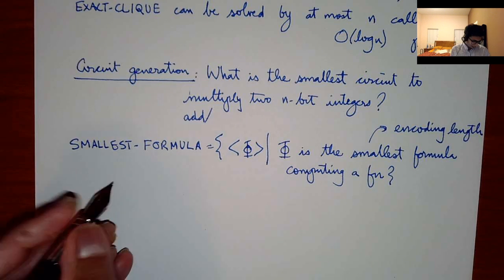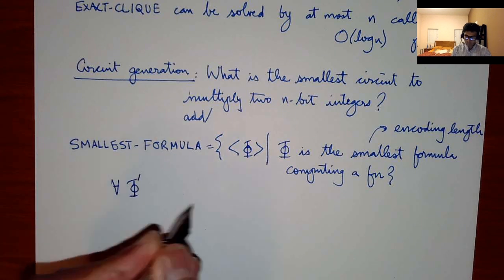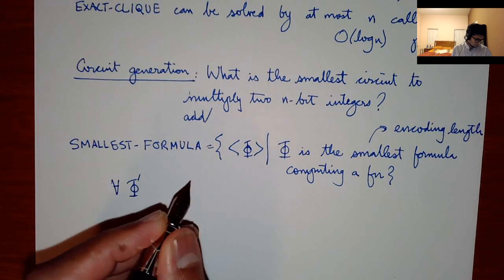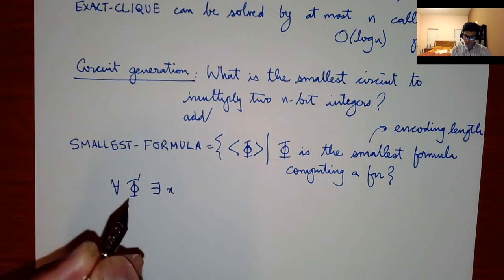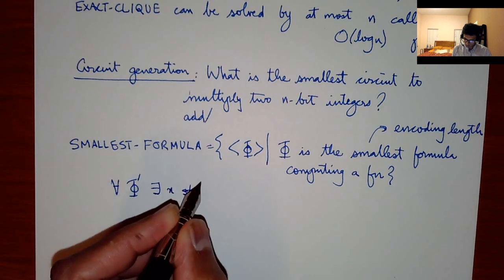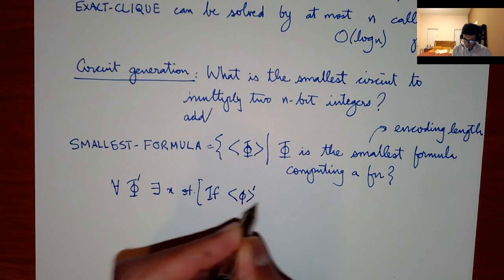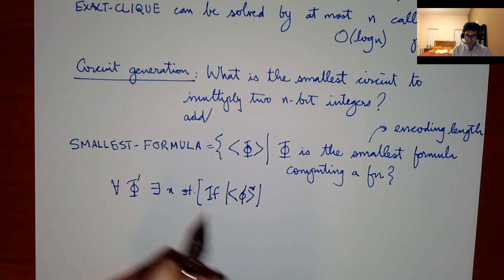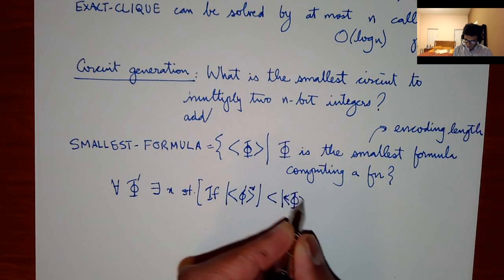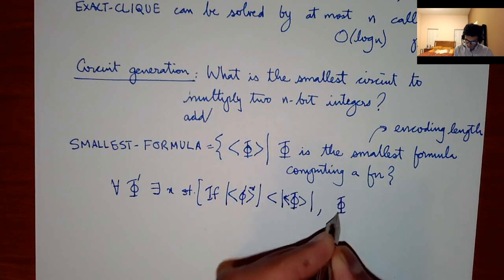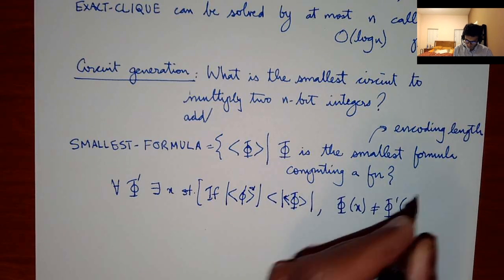Let me say what this is for all phi prime, there exists an input x such that if the length of phi prime, if the encoding length is less than the encoding length of phi, then phi of x is not equal to phi prime of x.